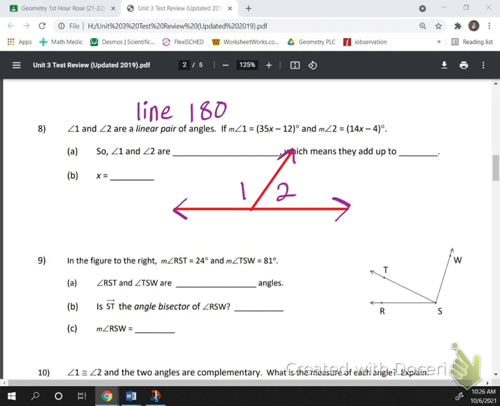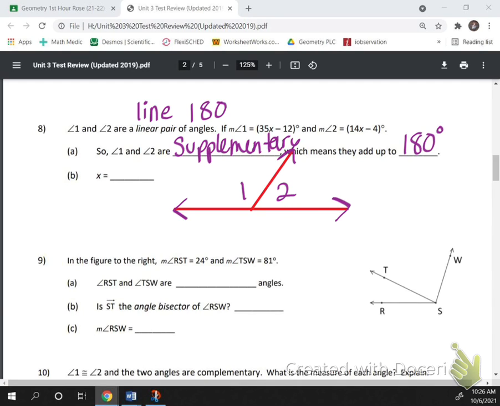What's the equation? Or before the equation, angle 1 and angle 2 are, what's another word for two angles that make a line? Supplementary. From your vocab. Which means they add up to 180.